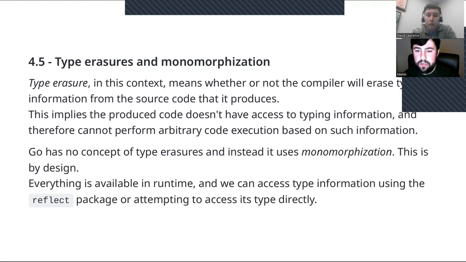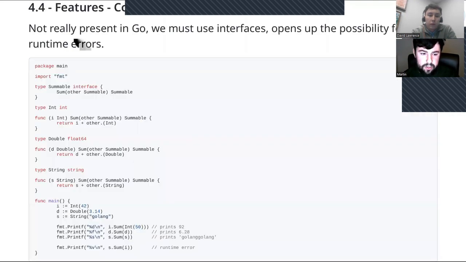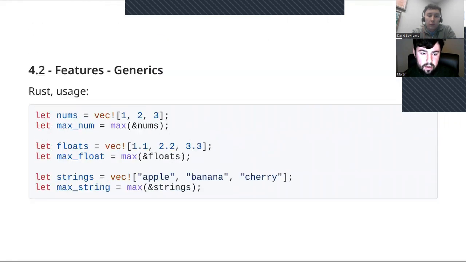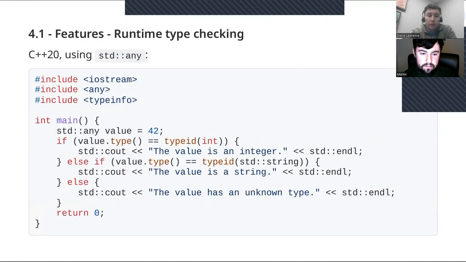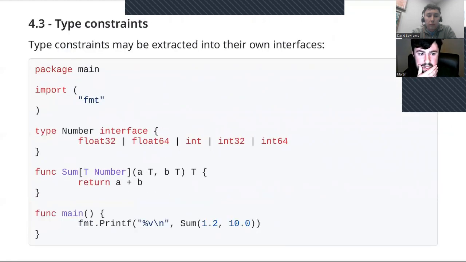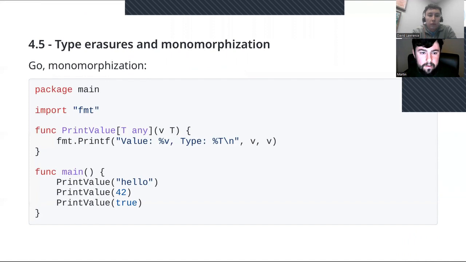And monomorphization is the process that I mentioned earlier of, I have a generic function. Go will, for example, if I have a T any here, I can use this any. I'm not doing anything forbidden in this case. I'm just printing out some stuff.